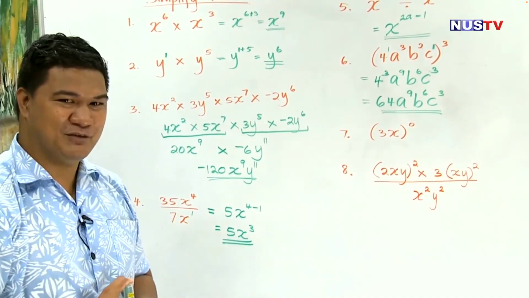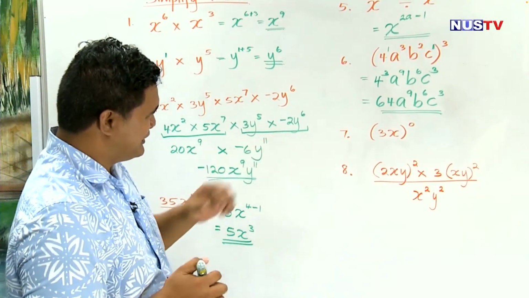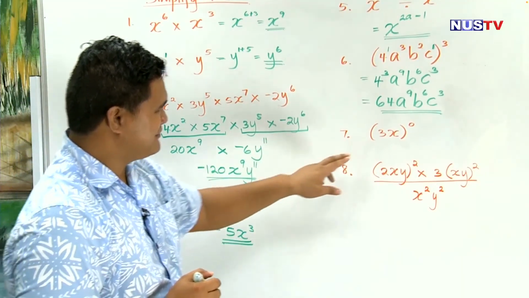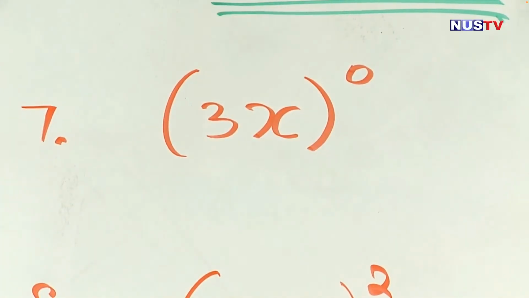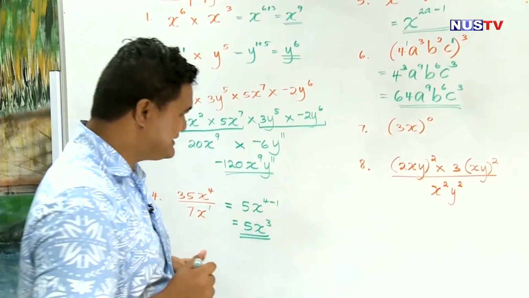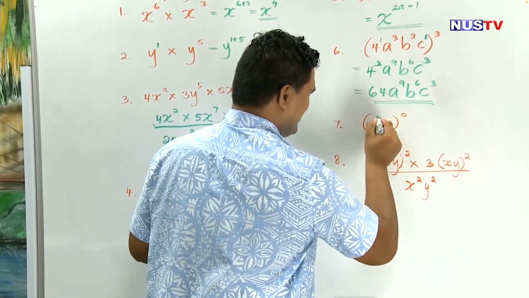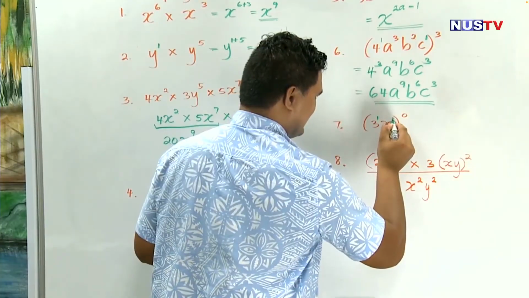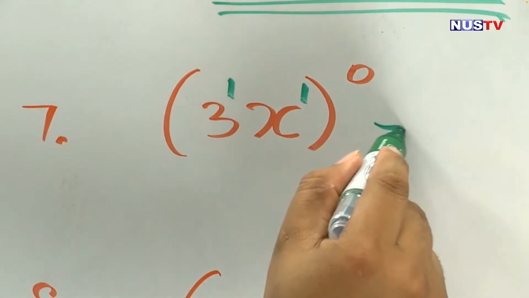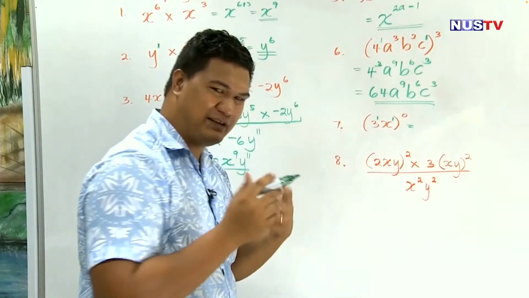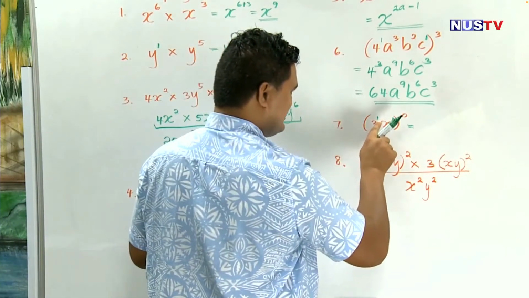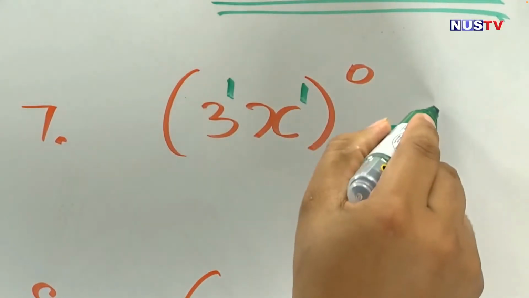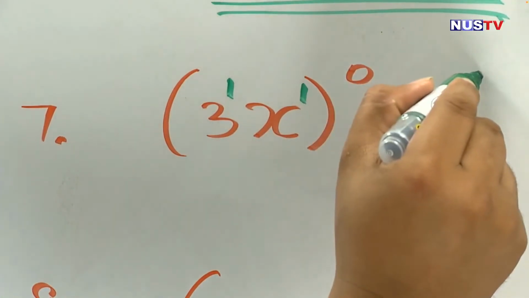Very good. We're almost done with our examples. For number 7, we have something inside the brackets which is 3x all to the power of 0. This is another classic example of our zero exponent. Because we have 3 to the power of 1 and x to the power of 1 here, with the understanding that anything to the power of 0 is equal to 1, this is 3 to the power of 1 times 0, which is 0.